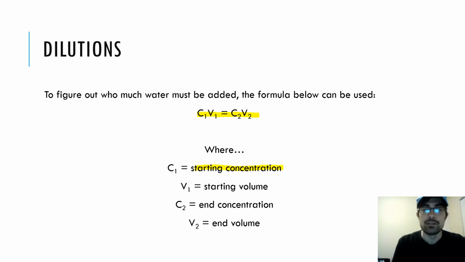Okay? V1 is your starting volume. That's how much of the stock solution you need. So generally speaking, you need just a little bit of the stock solution. So you have a small volume of it, and then you add in water to get to the desired concentration.